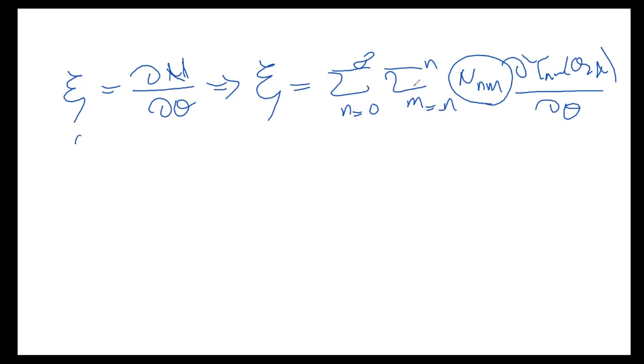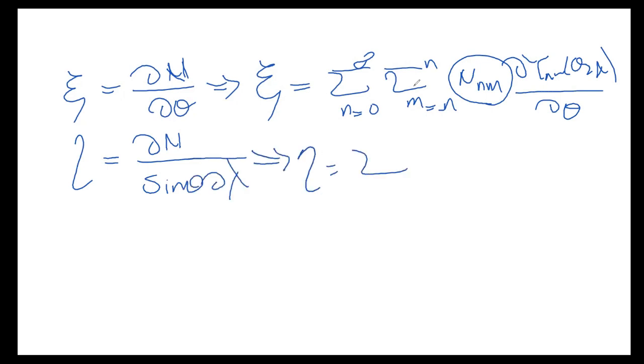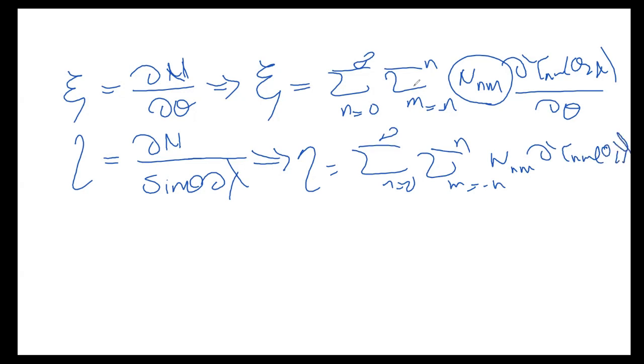And for eta, simply you can write again one over sine theta, and then eta will be similar: the spherical harmonics of the geoid, the derivative of the spherical harmonics with respect to lambda.